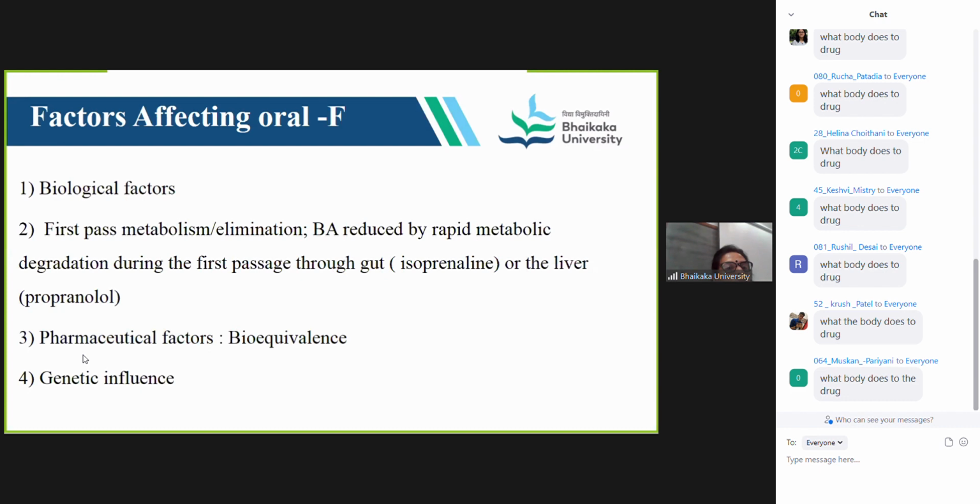This all comes under biological factors which I discussed in absorption. Here the only other relation is first pass metabolism, which is also related to absorption. But I told you in the last class that bioavailability is reduced because there will be rapid metabolic degradation due to first pass metabolism. So if the drug follows first pass metabolism, then bioavailability will be less. There is one pharmaceutical factor which is very important, bioequivalence, and genetic influence also relates to the F.